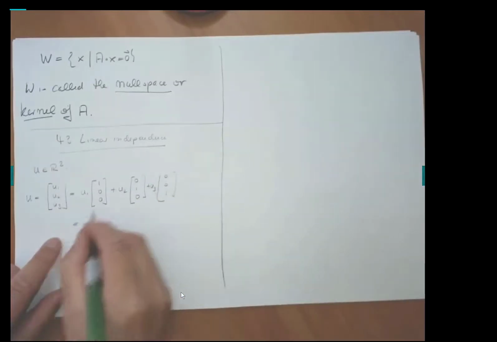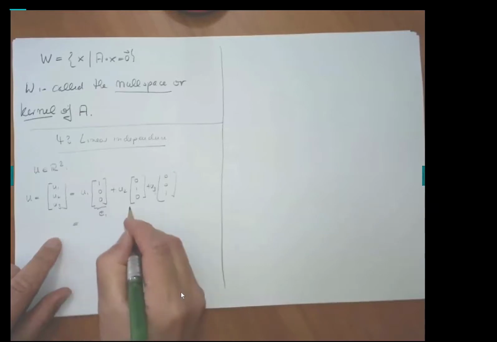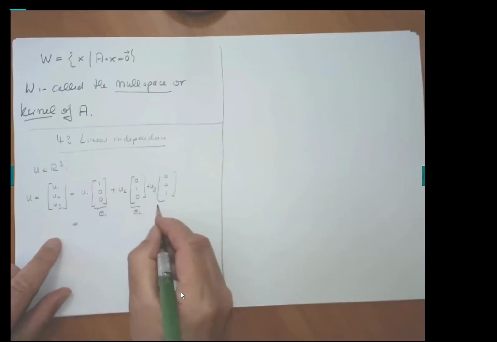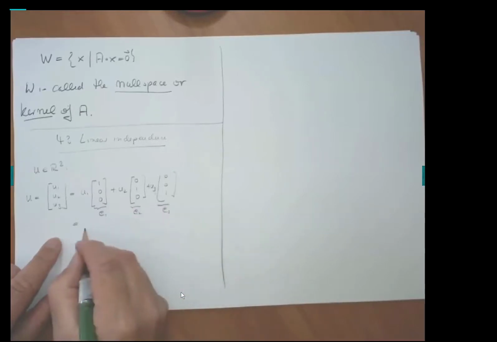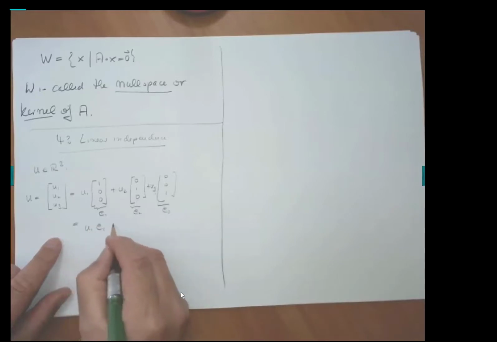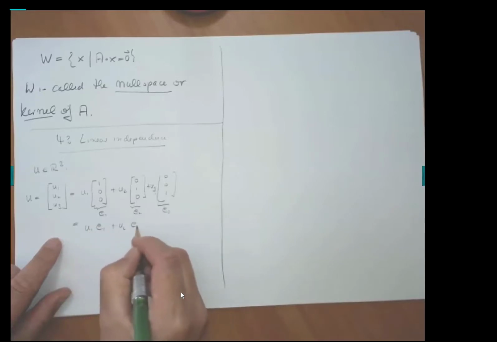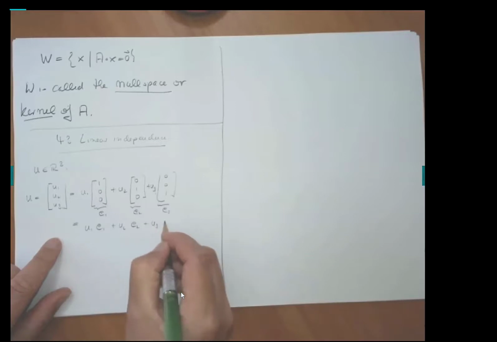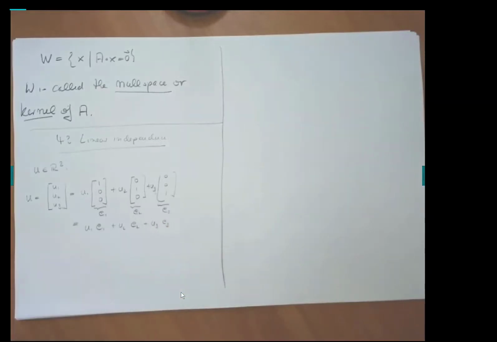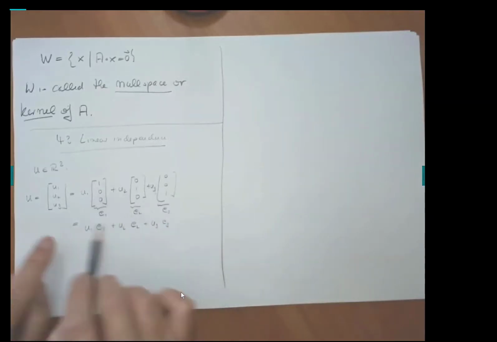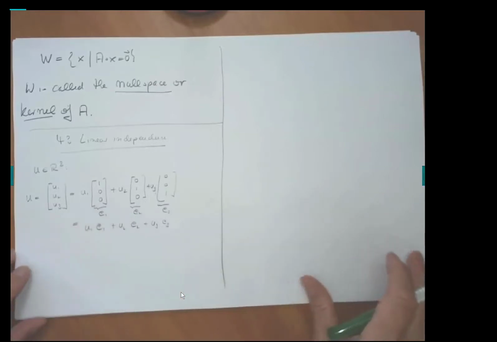And again, we can say this here is E1, this here is E2, and this here is E3. So it's u1 E1 plus u2 E2 plus u3 E3. And similar to what I wrote just in the last section.